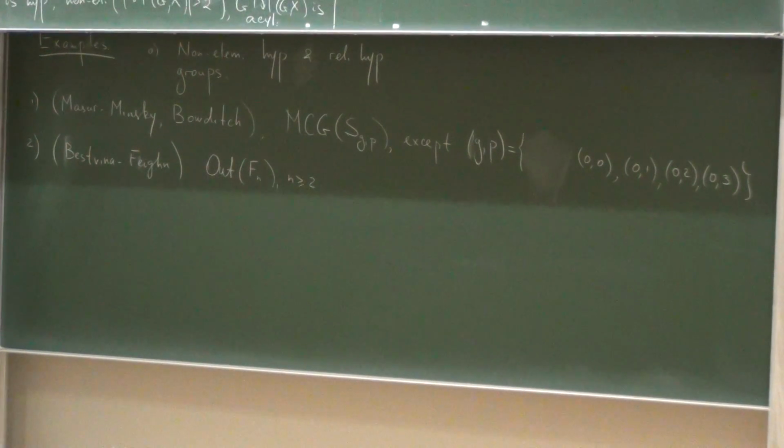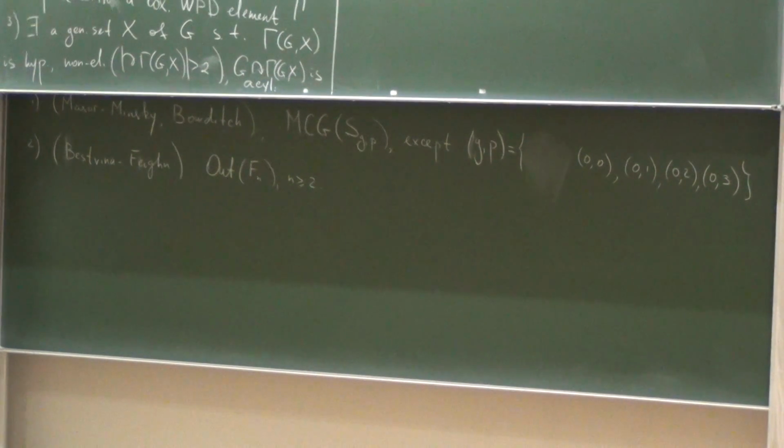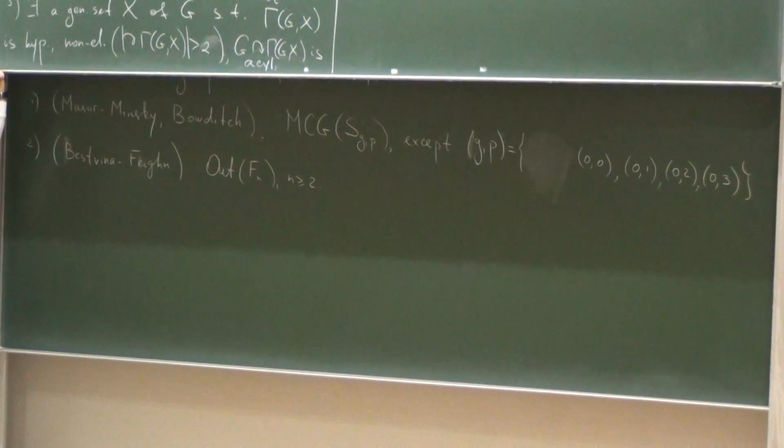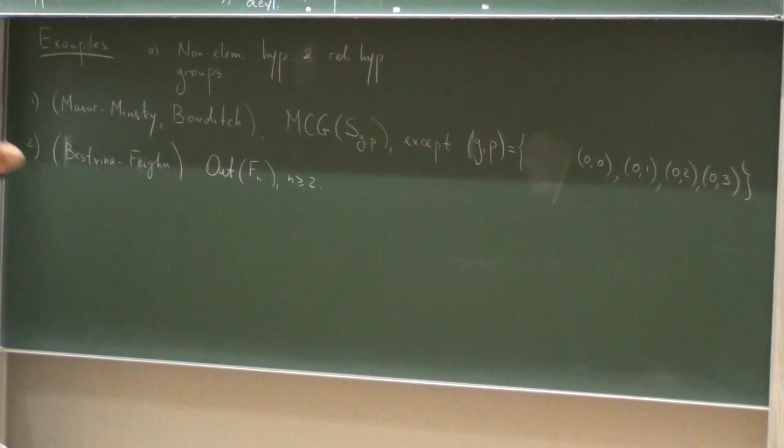So in this case, we don't know if there is any natural complex, like the curve complex for mapping class groups, for which G acts acylindrically. But we do know several constructions of some graphs.